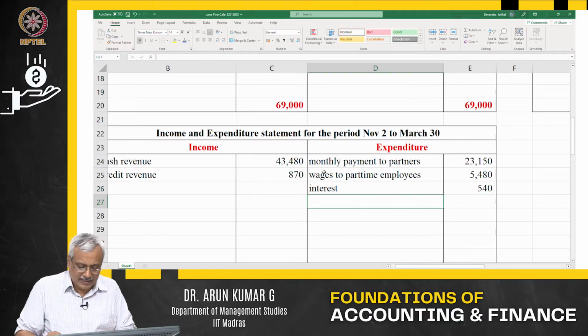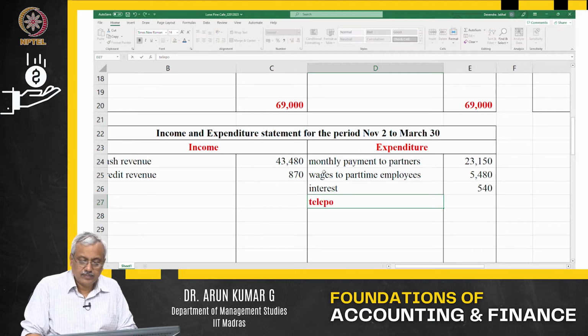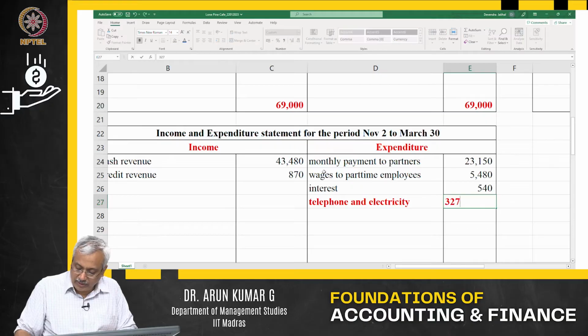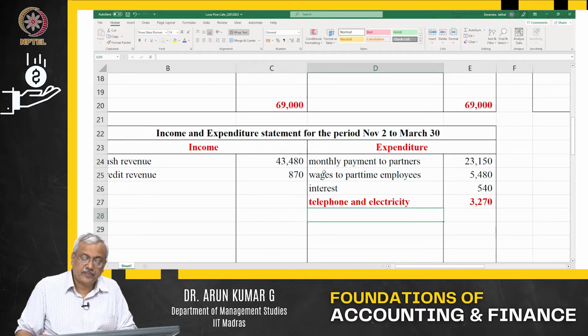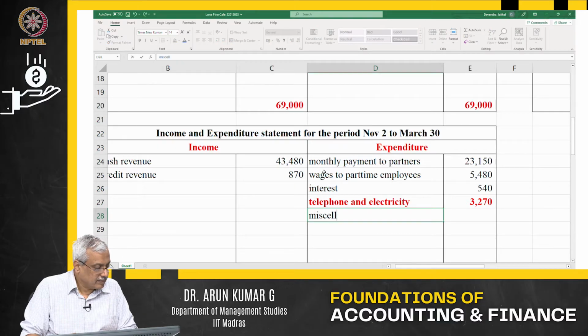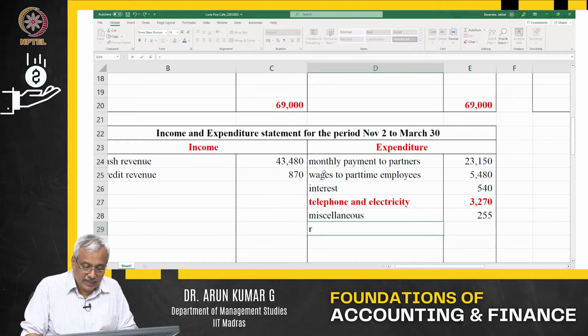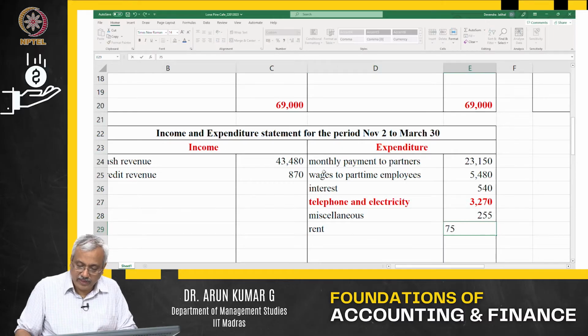Telephone and electricity is about 3,270. Then I have miscellaneous expenditure of about 255, and rent payment of about 7,500. These are all my expenditures, cash paid.